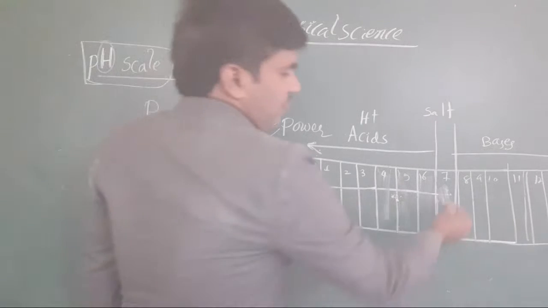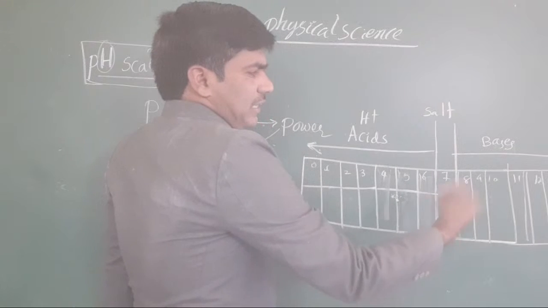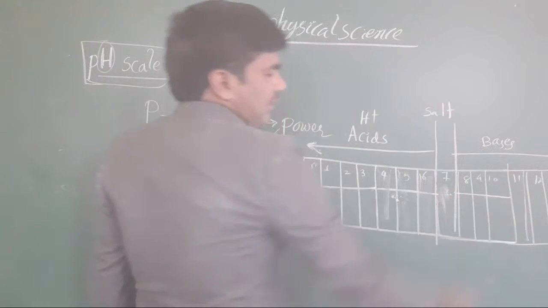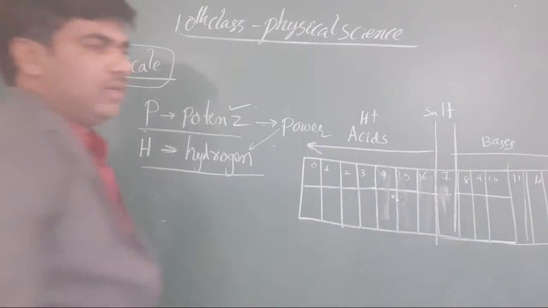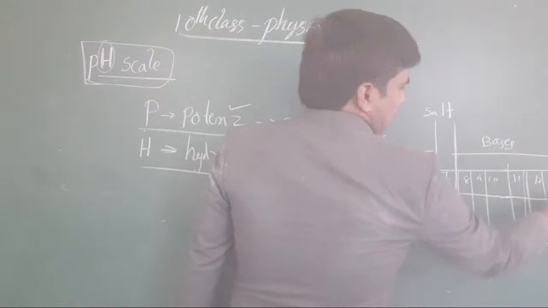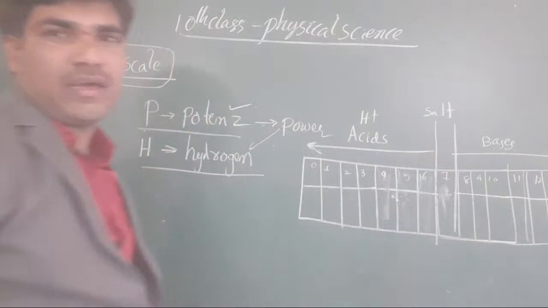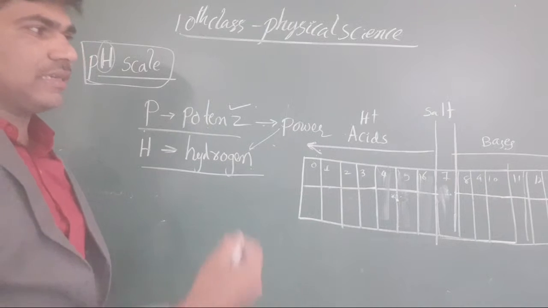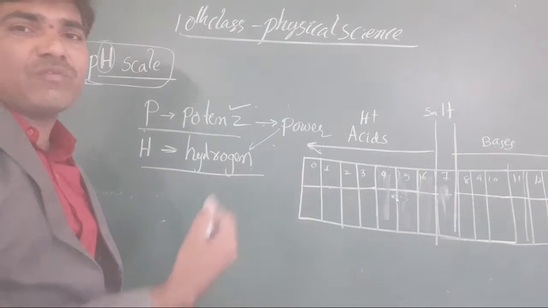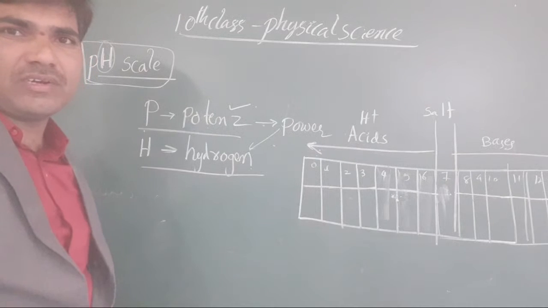When you go away from 7, to 8, 9, 10, that is what? It is the content of, yes, 8, 9, 10. It will be strong basic nature where 14 is there. Okay, clear or not, all of you? And 8, 9, 10, these are the weak basic nature.